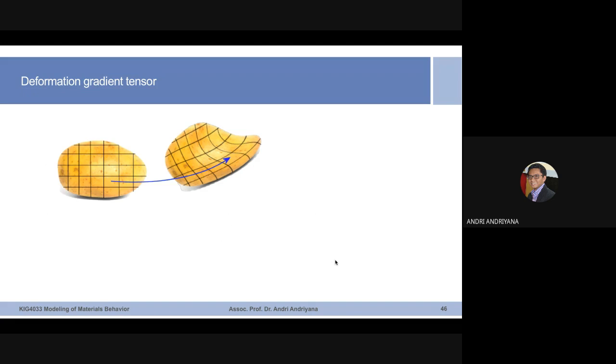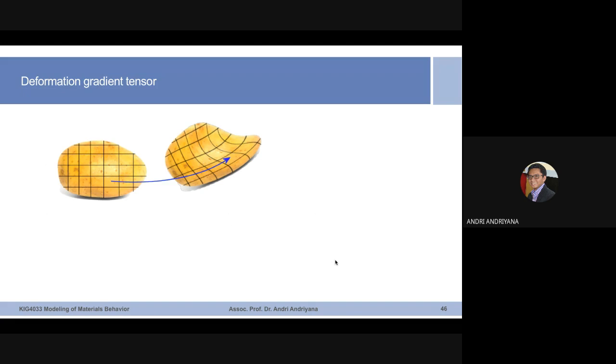So I will go slowly. If you have questions, please interrupt me, or you can always type in the chat box. But I would like you to follow every single step to make sure that you understand the physical interpretation of each measurement of strain that we are going to discuss.